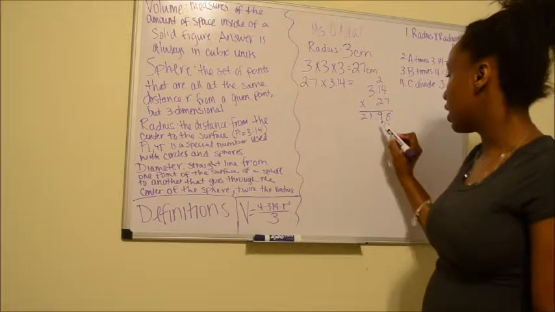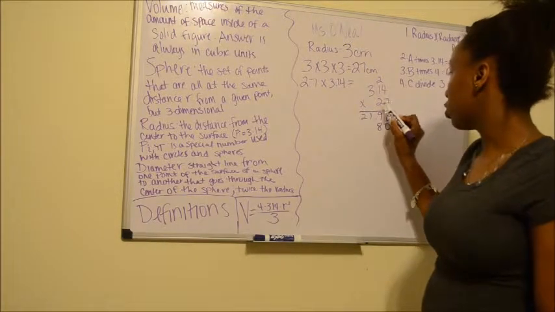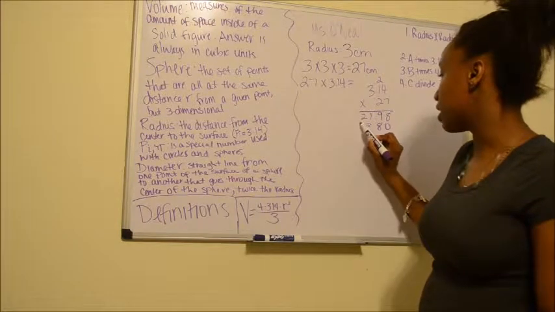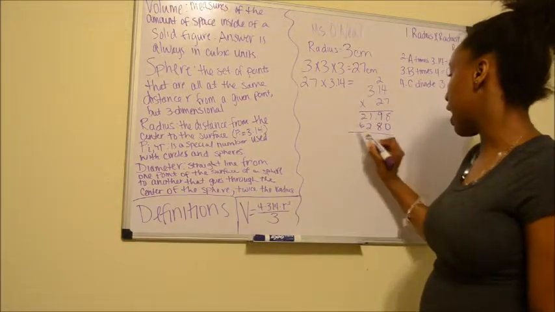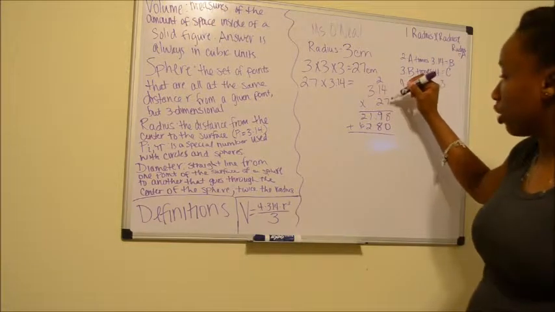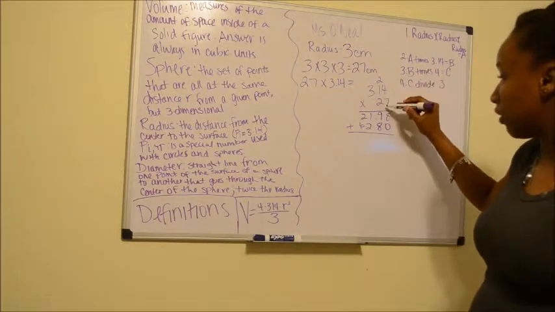2 times 4 is 8. 2 times 1 is 2. 2 times 3 is 6. And we're going to add this up. The reason why we don't add this 2, this 2 only goes for the first number, which is 7.